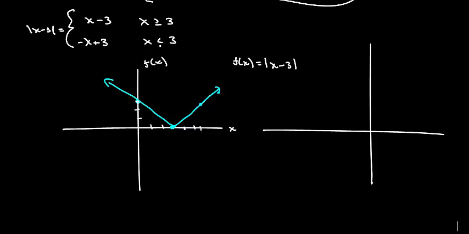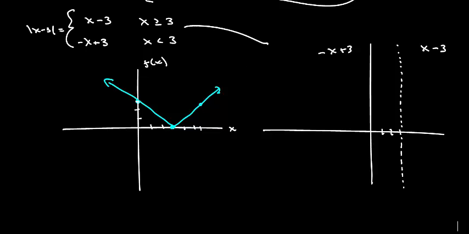From the piecewise defined function, our cutoff value is 3, right there. And we have x minus 3 when x is greater than or equal to 3. So we're going to have x minus 3 on this side, and negative x plus 3 on this side. Let me erase this, I don't want this in the way.